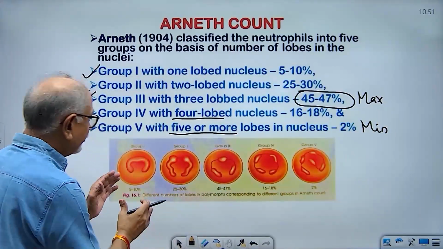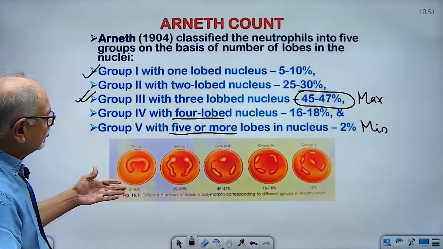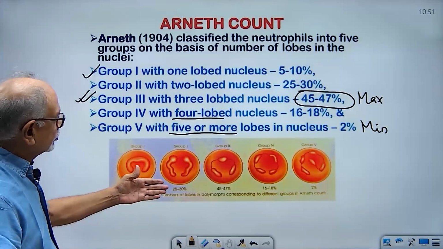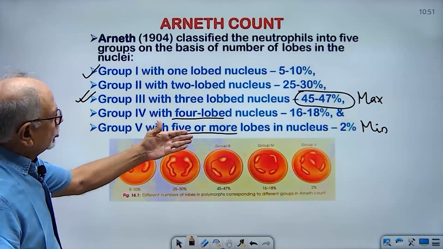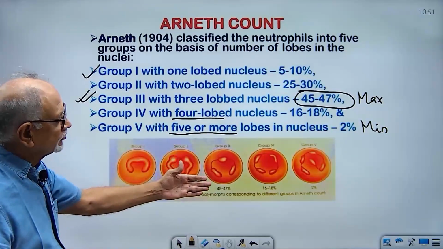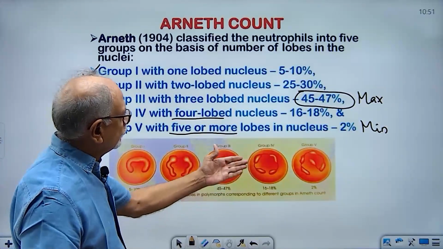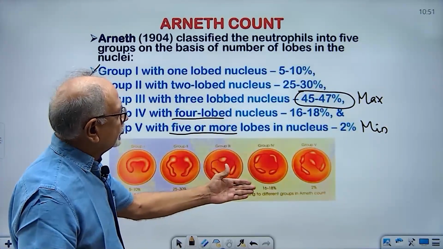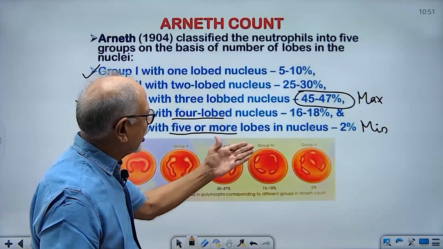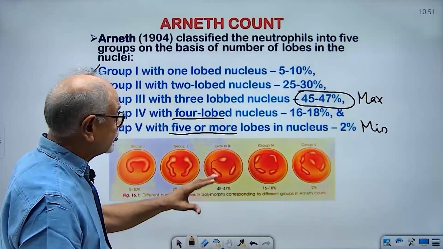Now here in this picture you can see all these groups. Group 1 5 to 10%, group 2 with 2 lobe nucleus 20 to 30%, group 3 with 3 lobe nucleus 45 to 47%, group 4 with 4 lobe nucleus 16 to 18%, and group 5 with 5 to 7 lobes in the nucleus is just 2%.